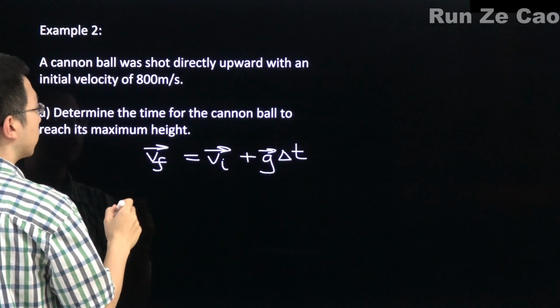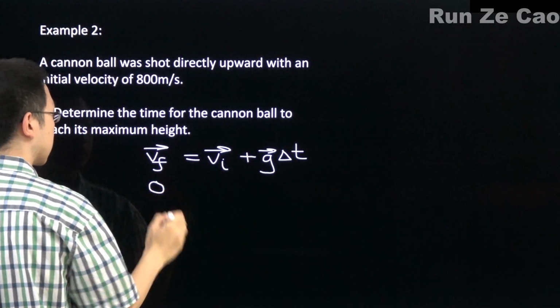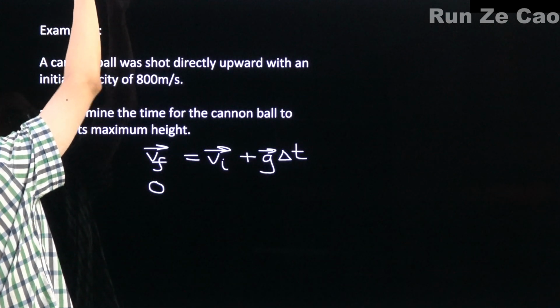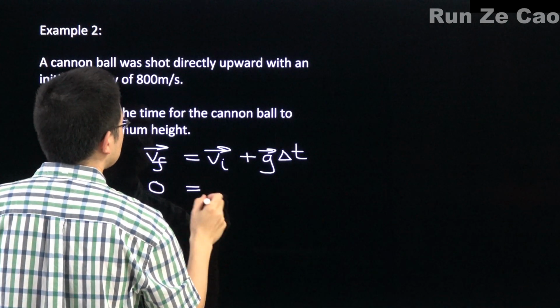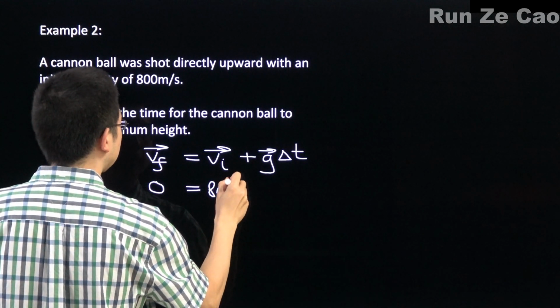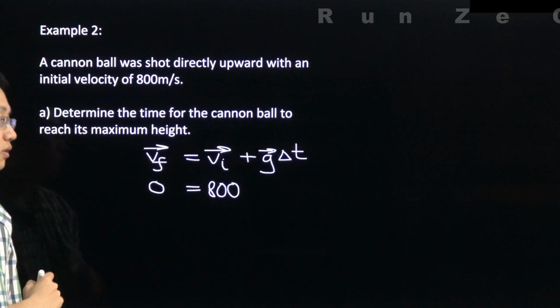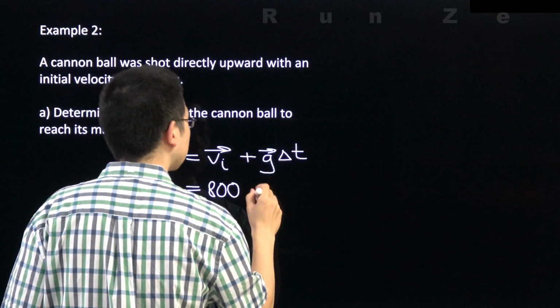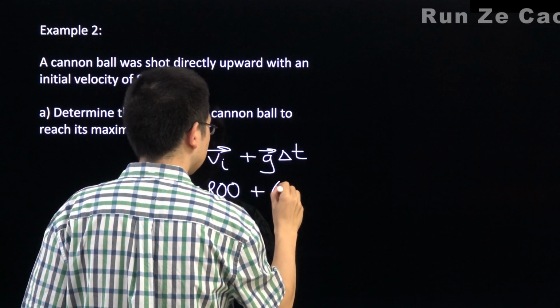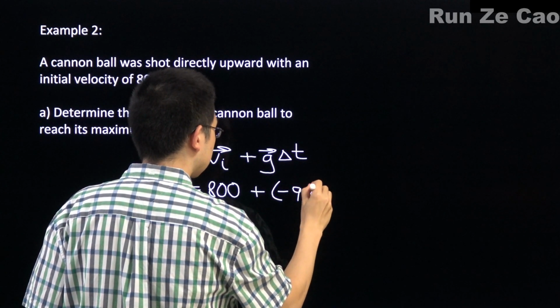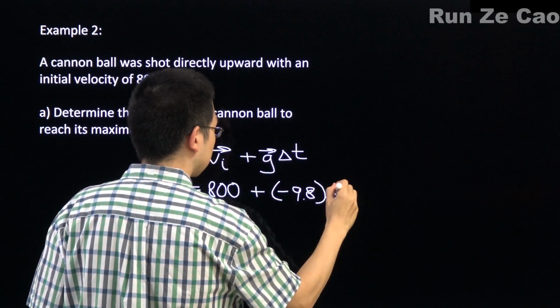So we know that the final velocity was 0 because it goes up and then it stops at its maximum height. And this is equal to 800 meters per second upward, which is positive 800 because we treat up as positive, plus negative 9.8 times delta t.